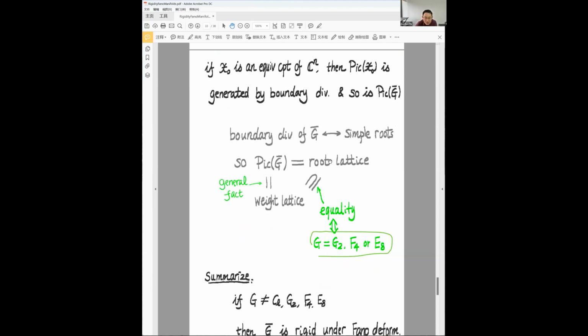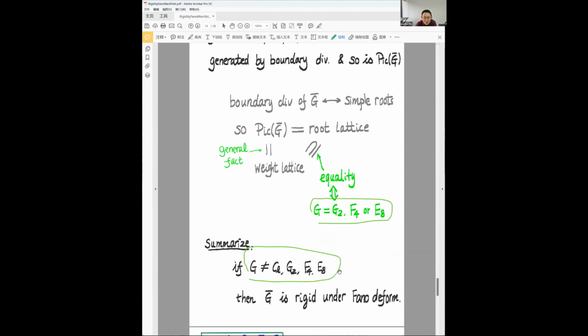And if it's not the case, then we are done, because if it's an equivariant compactification, we should have an equality. So if it's not an equality, then we are done.